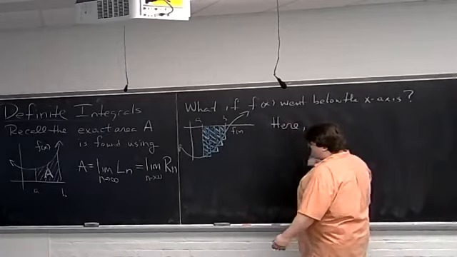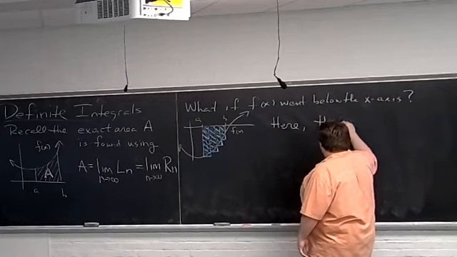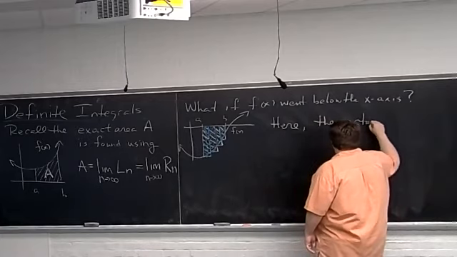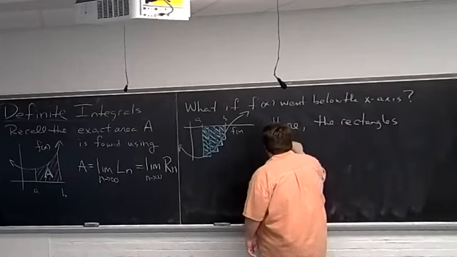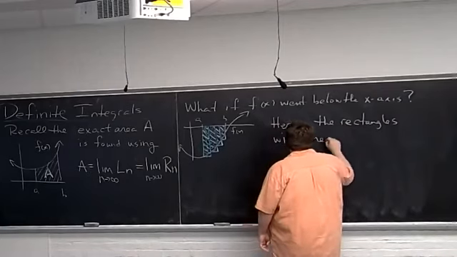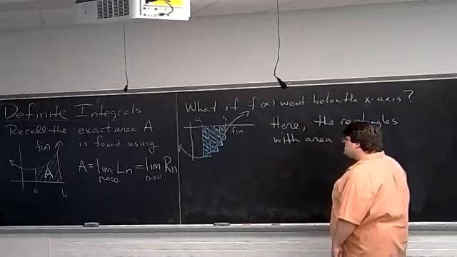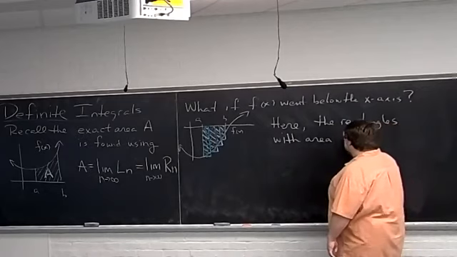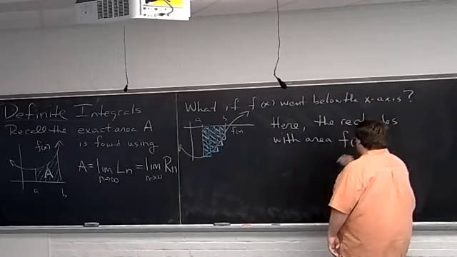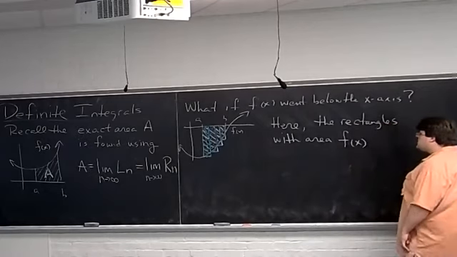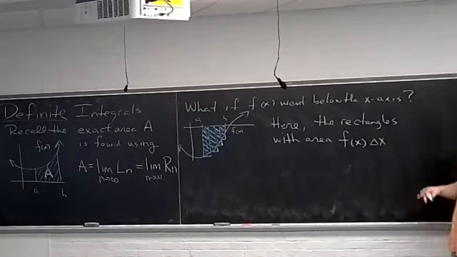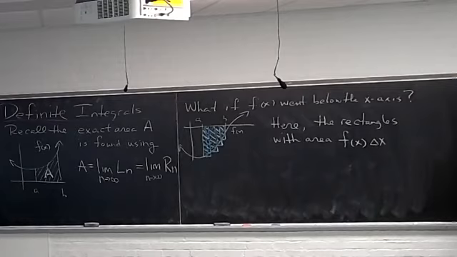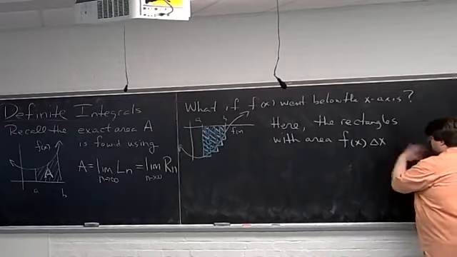Here, what was the area of our rectangles? Well, it was given by the function evaluated at x times some change in x. Sometimes you see this change in x written b minus a over n or something, but you could just write it as a change in x.